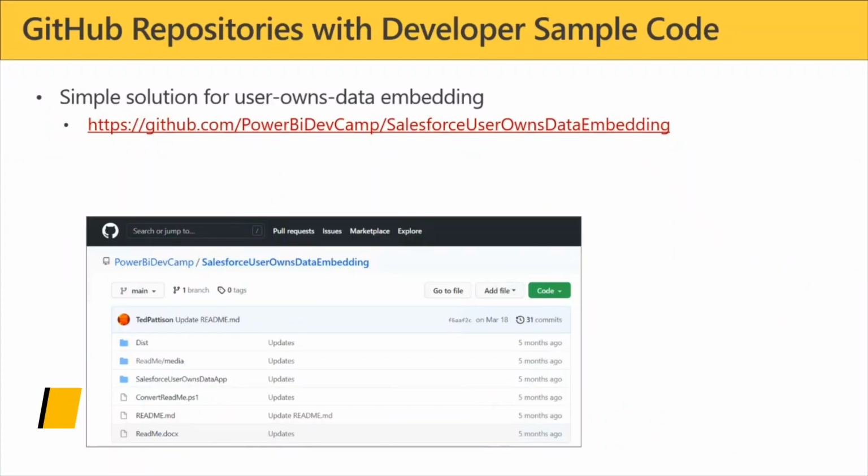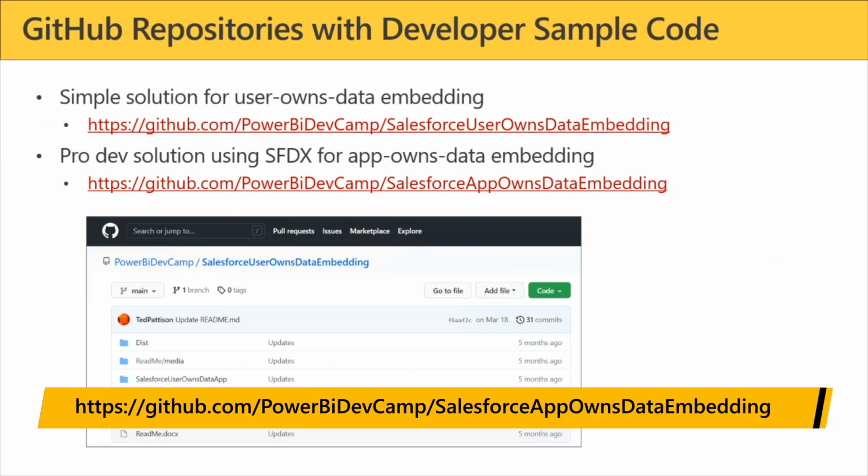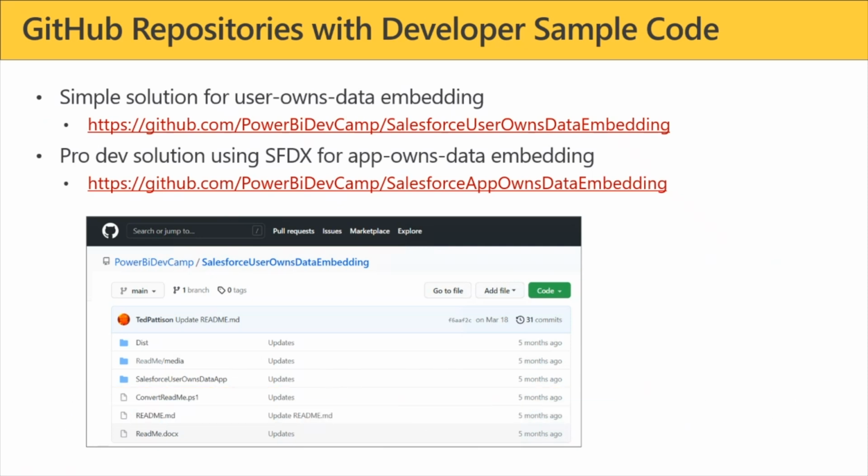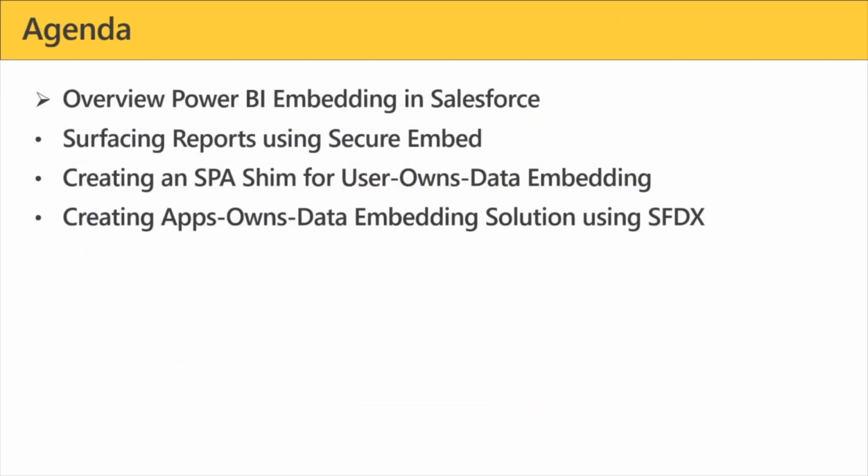There is a second solution, which is a lot more involved because it uses the Salesforce Developer Experience platform to basically build a professional dev level solution for app-owns-data embedding. Once again, I just wanted to give you the links so that you can get to them after the fact. What we're going to do now is start with just an overview.